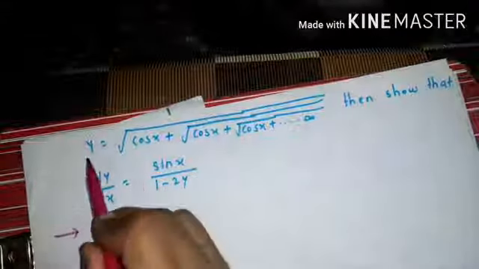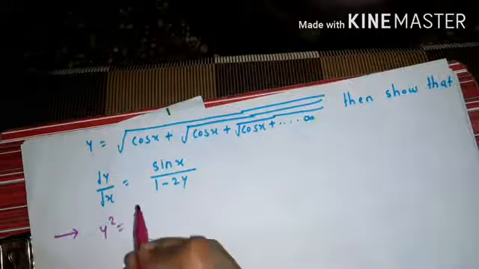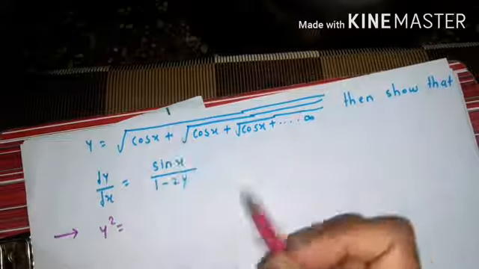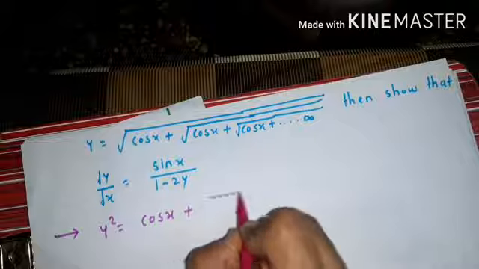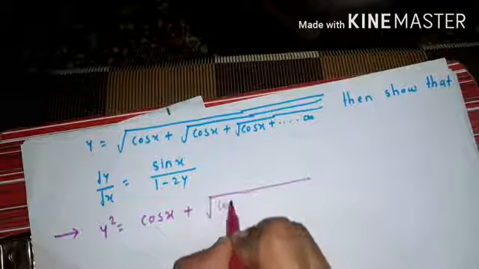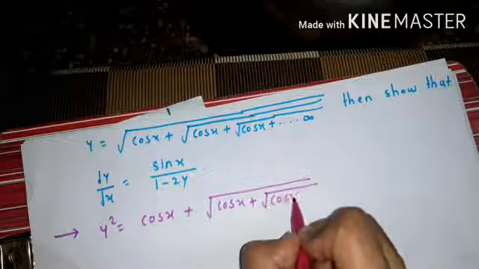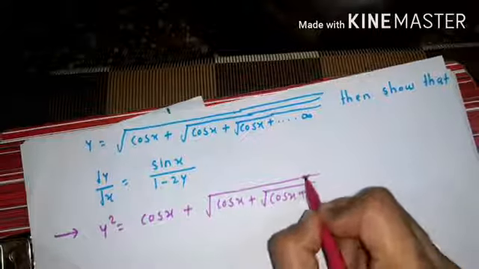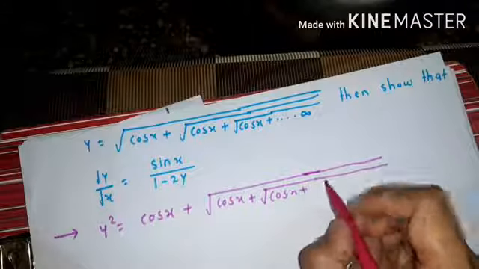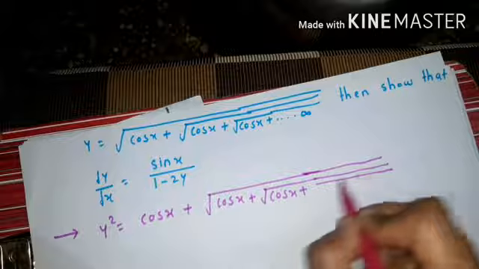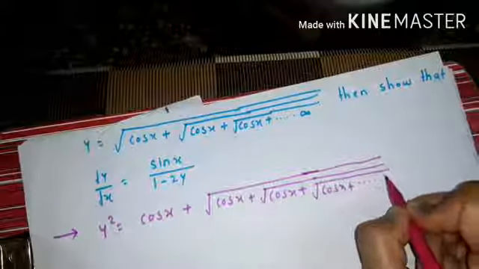Squaring on both sides, we get y square equal to cos x plus square root of cos x plus square root of cos x plus ... up to infinity.